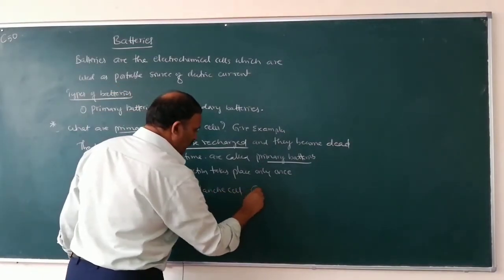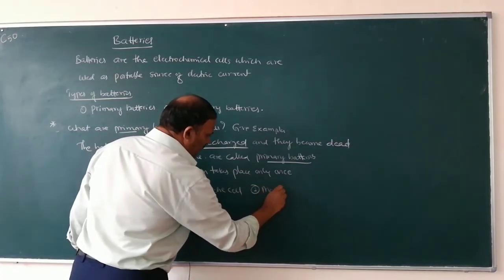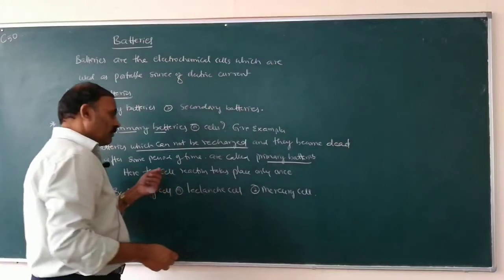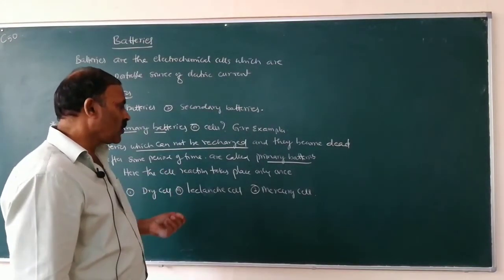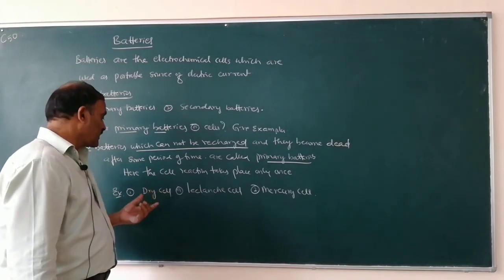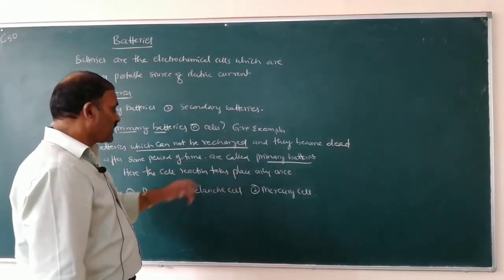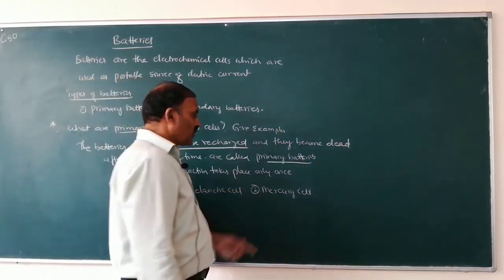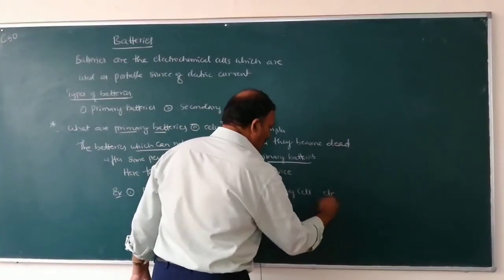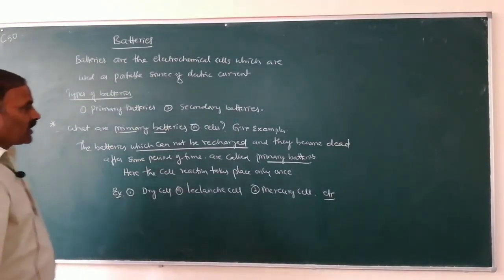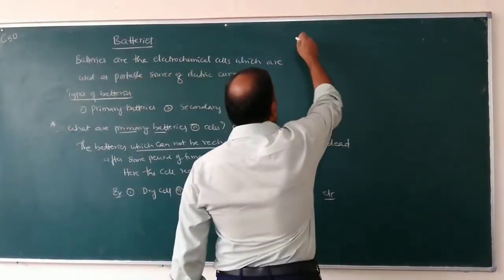Number two, the mercury cell. The button cells which are used in watches are mercury cells. They are primary cells. The dry cell or Leclanché cell and the mercury cell are primary batteries.